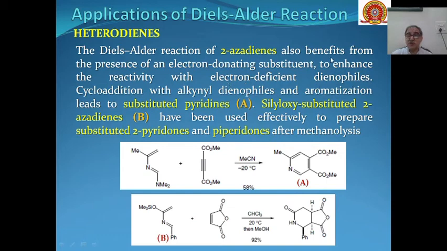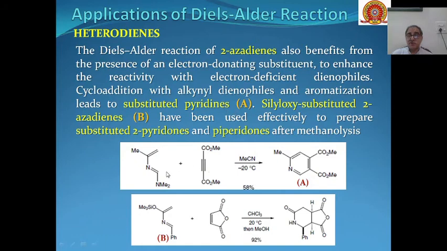So if this is the situation, then the reaction will be a normal Diels-Alder reaction, because the diene will have an electron-donating substituent and the dienophile will be electron deficient. Cycloaddition with alkynyl dienophiles and aromatization lead to substituted pyridines as the product.